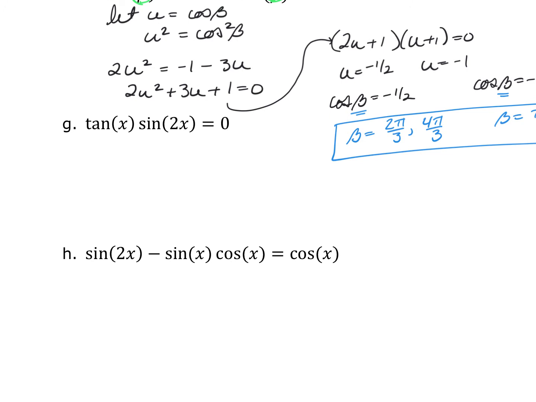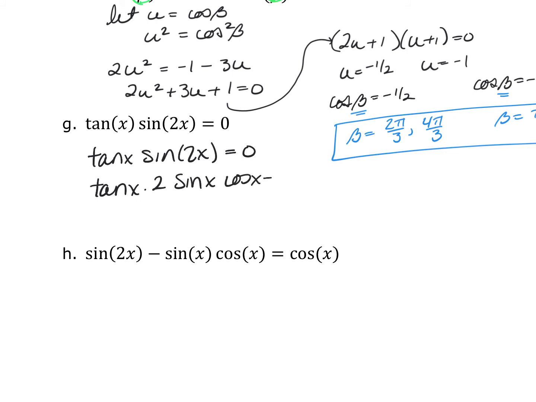Now, we would be tempted to say the tangent of x times the sine of 2x is equal to 0, and say, wait a minute, I know what the sine of 2x is. So the tangent of x, the sine is the double angle, so it's 2 sine x cosine of x is equal to 0. And you're like, wait a minute, we have the tangent of x is the sine of x over the cosine of x. And we get so excited.